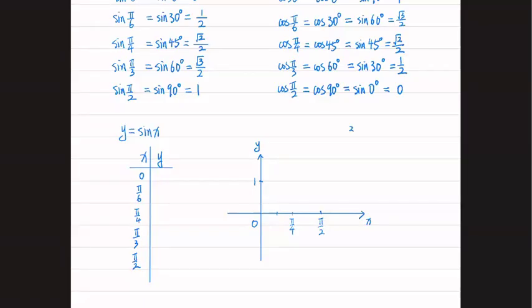Numerically, pi is slightly bigger than 3.14. So pi over 2 is approximately 1.57. Pi over 3.